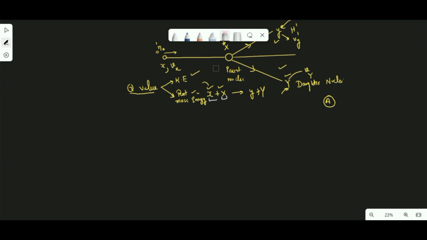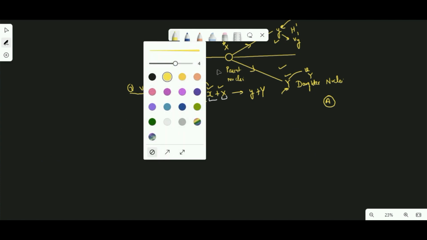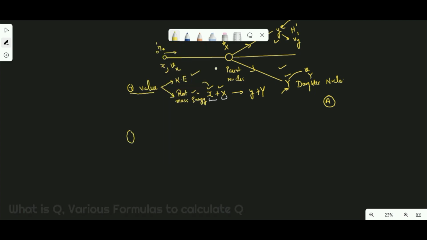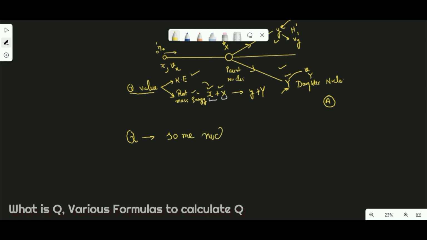All right, so when the energy is absorbed in a nuclear reaction, what does it mean? See, some nuclear reactions require energy, okay? They require energy.